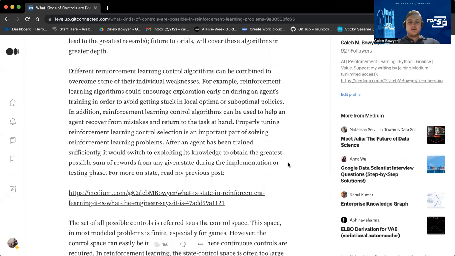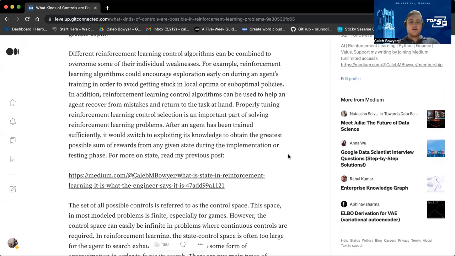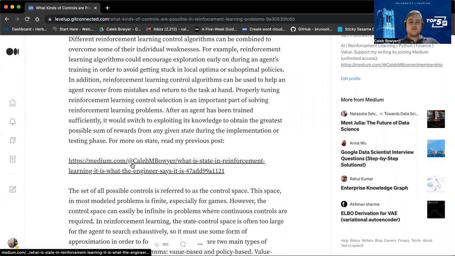After an agent has been trained sufficiently, it would then switch to exploiting its knowledge, the knowledge it's learned from early on, to obtain the greatest possible sum of rewards into the future from any given state during the implementation or testing phase. For more on state, see my previous post that I discussed in the last video.